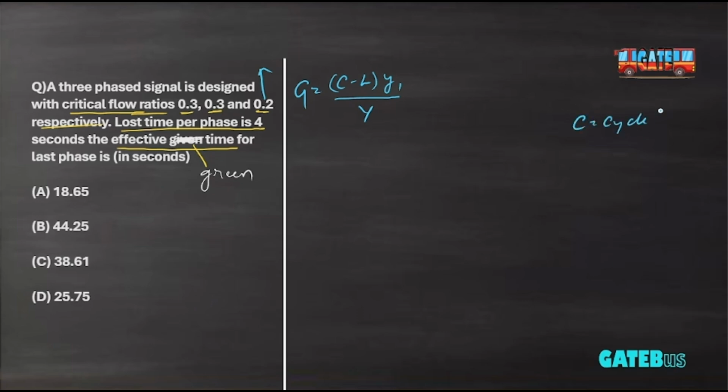Here C is equal to cycle length, and L is equal to lost time, that is N into t, where t is per phase.